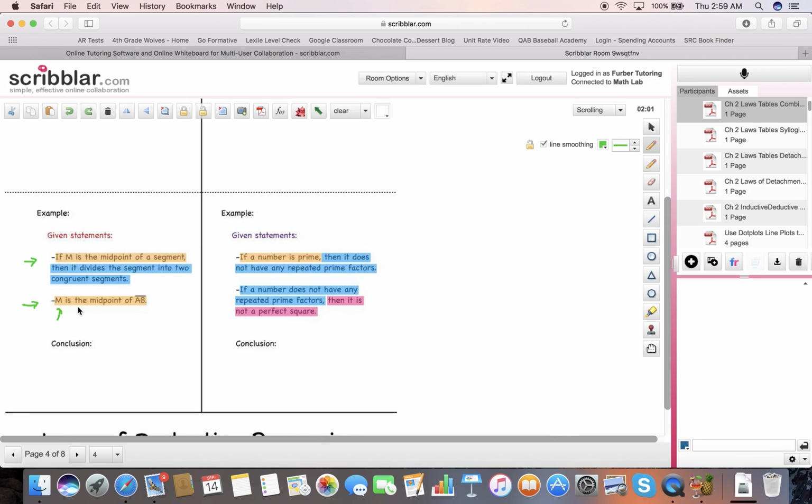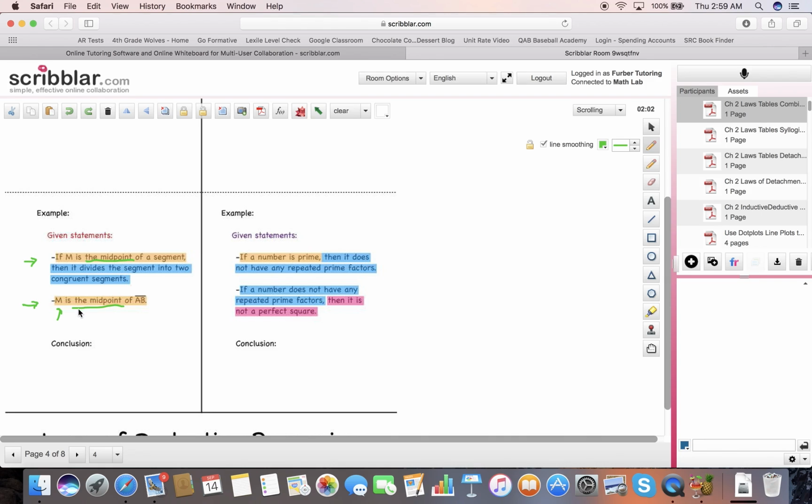Look, they both say the midpoint. M is the midpoint of a segment, M is the midpoint of segment AB. They match.